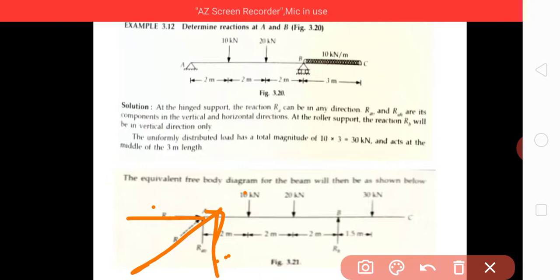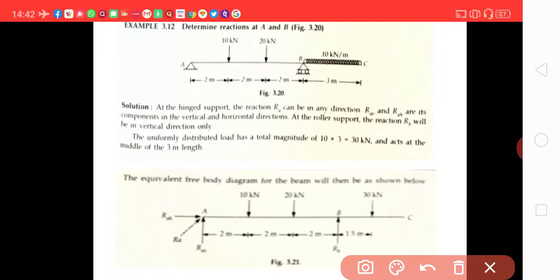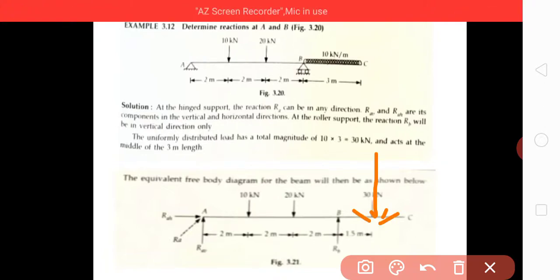We will find the resultant reaction at point A. So the first step was to convert the UDL into a point load. We have converted it into a 30 kilonewton point load, which is acting at the centroid or center of gravity here, that is 1.5 meter.